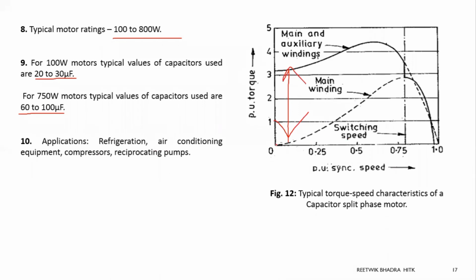If only the main winding is used, the starting torque is 0. If the main and auxiliary winding are used, the starting torque is this much high. So at starting it will follow this curve. Then at this point, as it reaches 70 to 80% of your synchronous speed, the centrifugal switch is turned off. It falls to the main winding torque slip characteristics and follows those characteristics only. So it is the same type of torque slip characteristics, except the starting torque is increased over here.